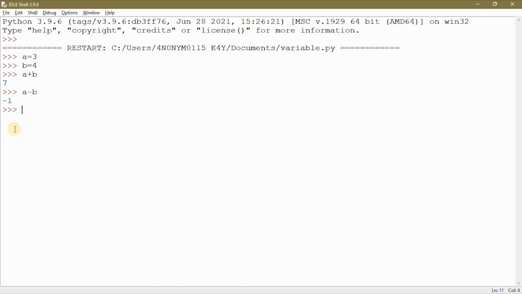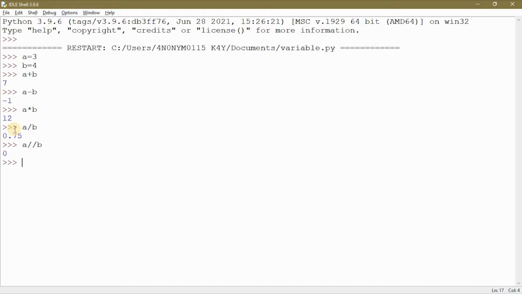A multiplied by b, we have 12. A divided by b, we have 0.75. And then we have a floor divided by b, so we have 0.